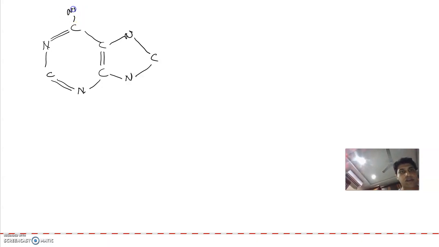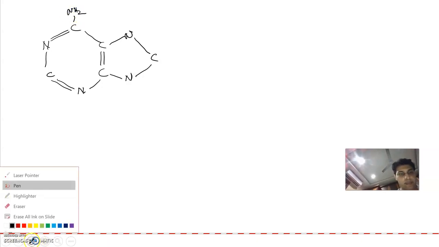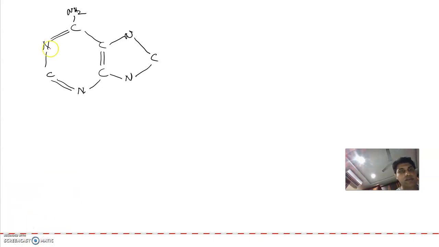So let's say this is adenine. Let us number this 1, 2, 3, 4, 5, 6, 7, 8, 9. So N9 is the one in purines. I'll draw a pyrimidine here too.